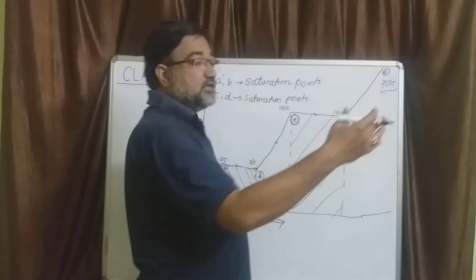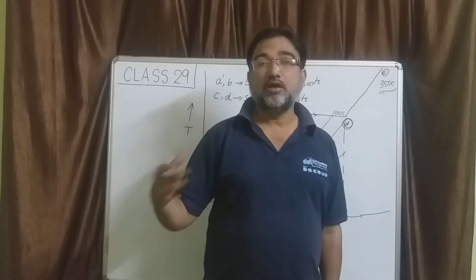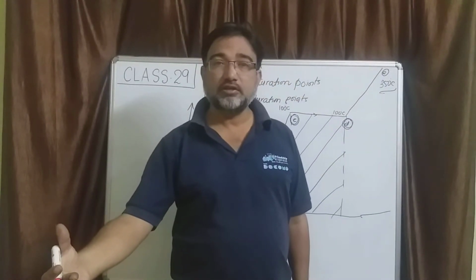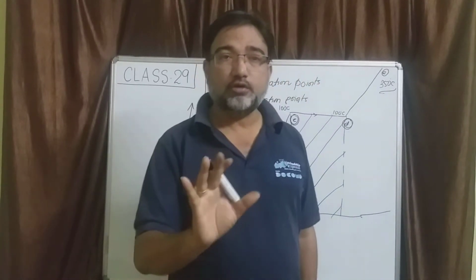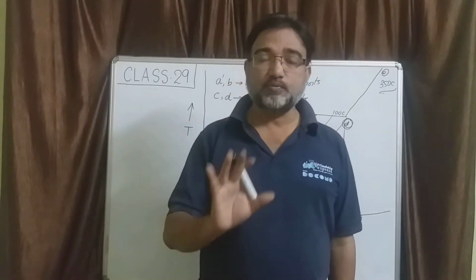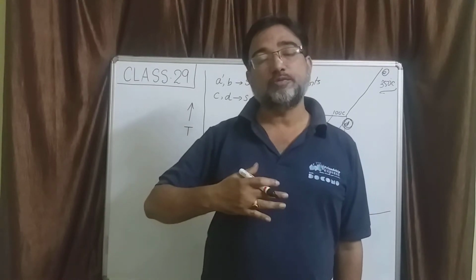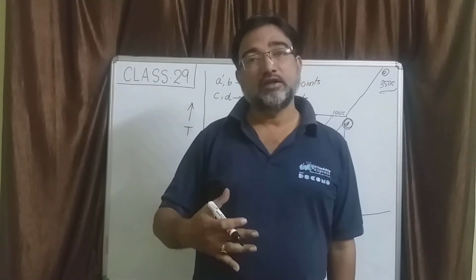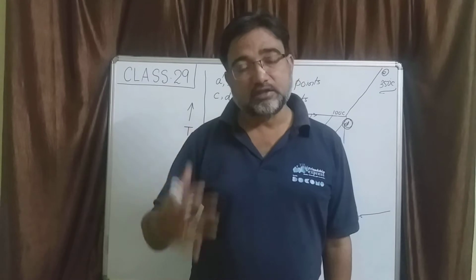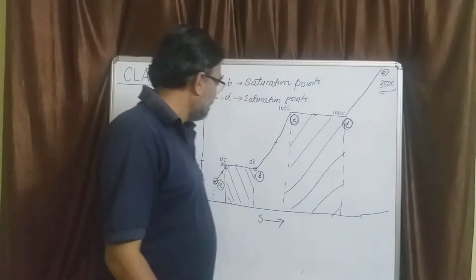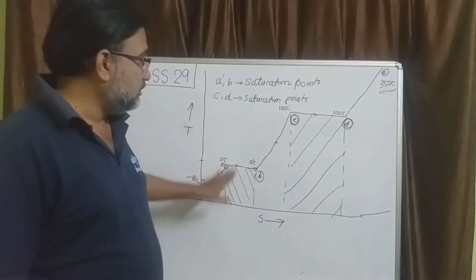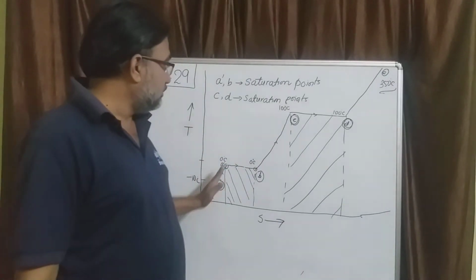Beyond this, it cannot remain as liquid. Beyond this, it cannot remain as solid. Some changes are going to happen at those points, and those points are called saturation points because the substance is saturated in its existing phase, so it has to undergo a change. Okay, so this is the path which it has to follow.